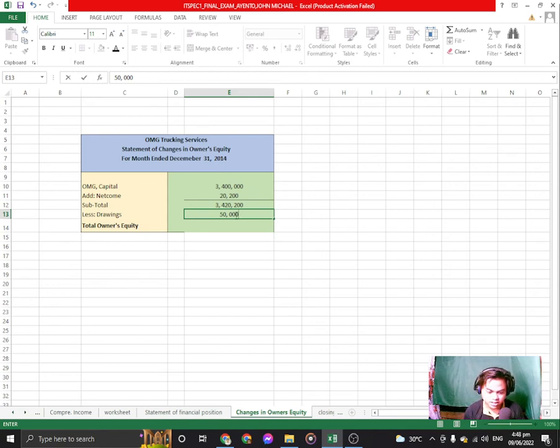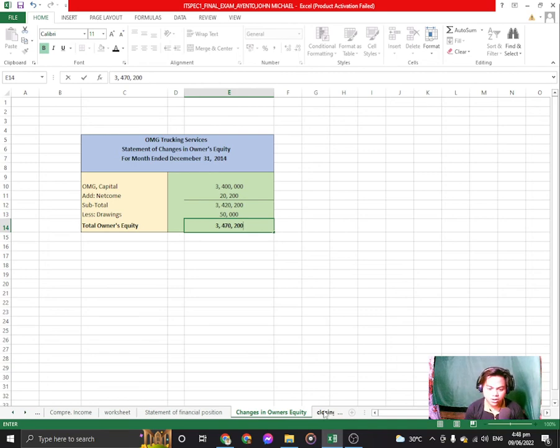So the total owner's equity is 3,470,200. Okay, that is the statement of changes in owner's equity for the month ended December 31, 2014.